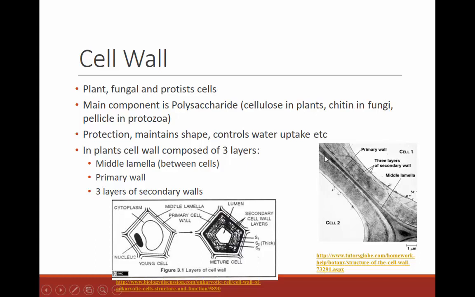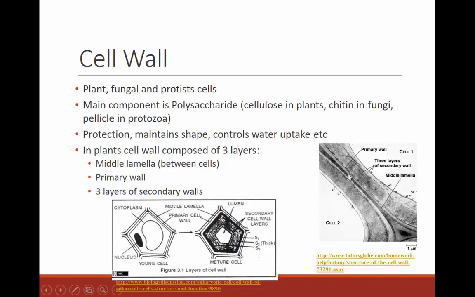So in between the cells, you've got the middle lamella, between the cells. Then you have the primary wall on the very outside, and then you have a secondary wall. And that secondary wall has 3 layers.